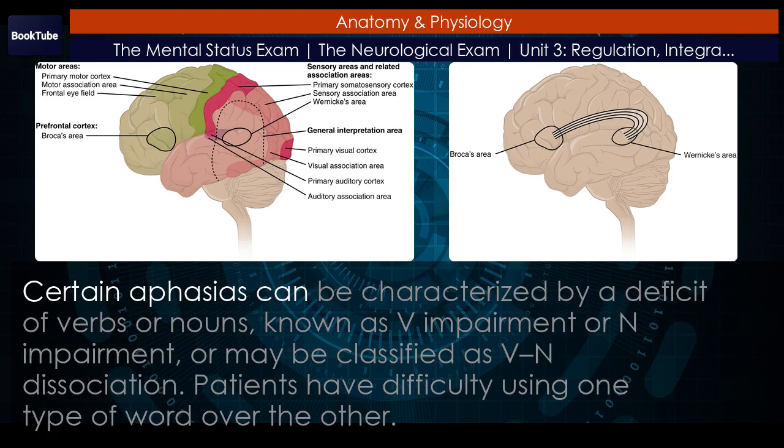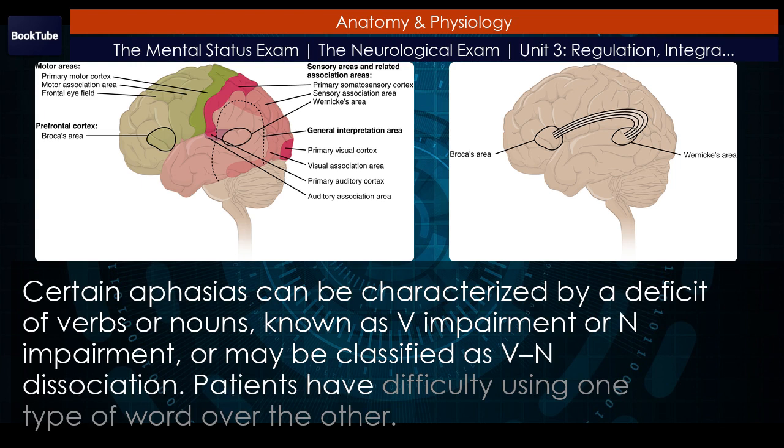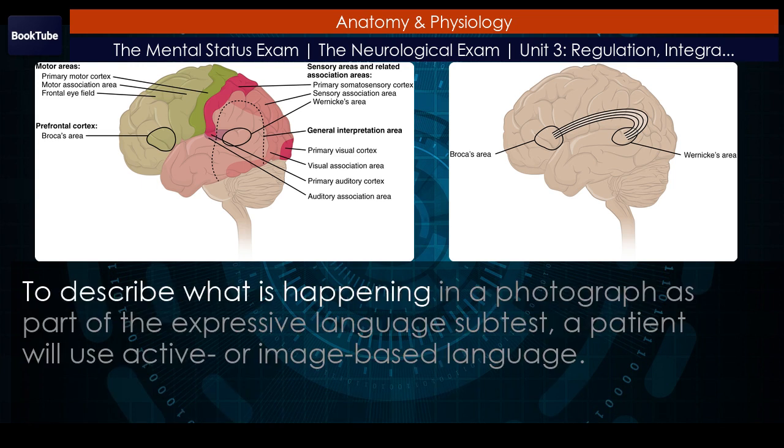Certain aphasias can be characterized by a deficit of verbs or nouns, known as V impairment or N impairment, or may be classified as VN dissociation. Patients have difficulty using one type of word over the other to describe what is happening in a photograph as part of the expressive language subtest. A patient will use active or image-based language.